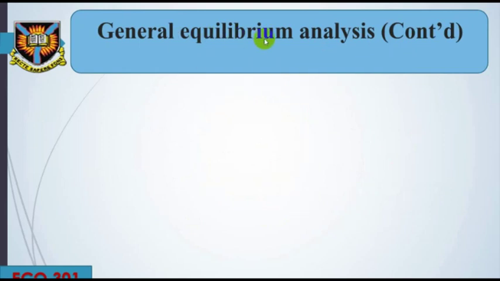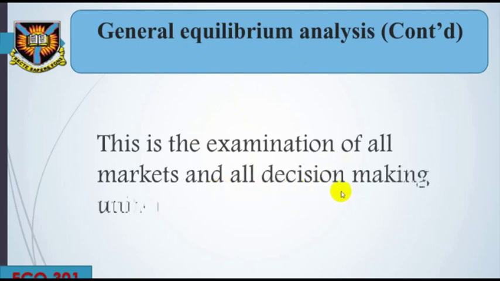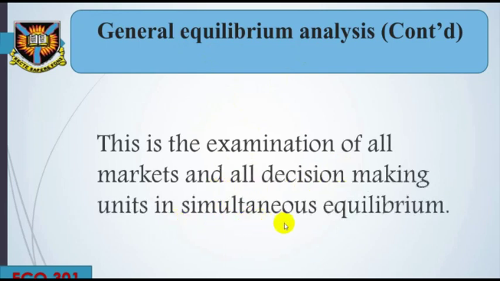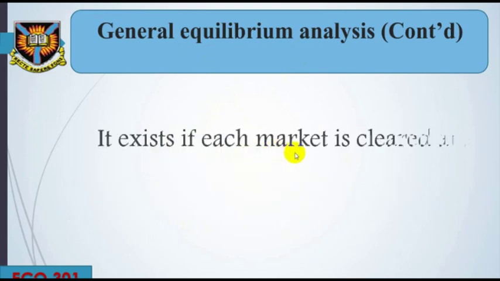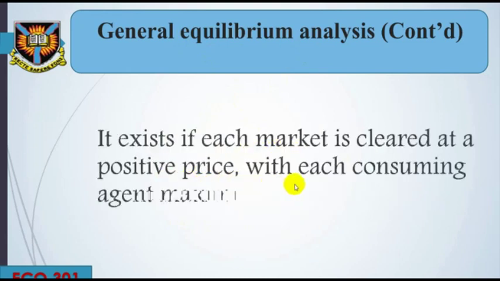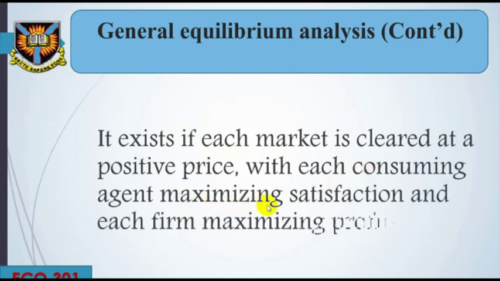General equilibrium analysis is the examination of all markets and all decision-making units in simultaneous equilibrium. It exists if each market is cleared at a positive price, with each consuming agent maximizing satisfaction and each firm maximizing profits.